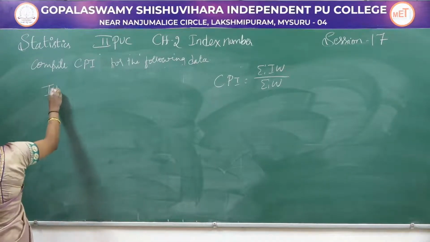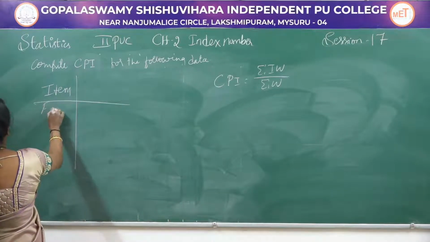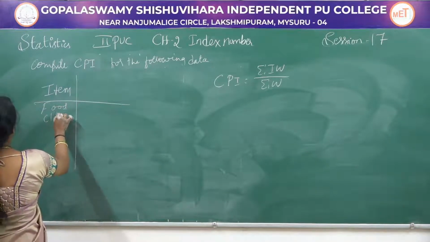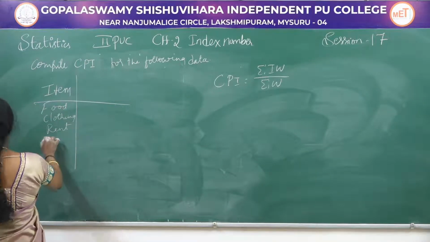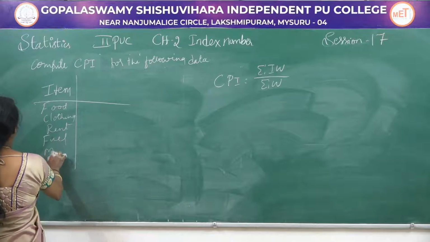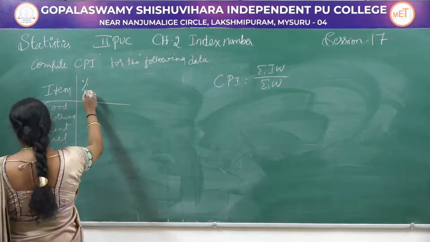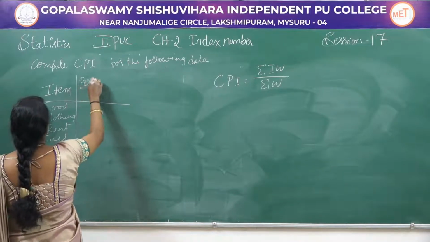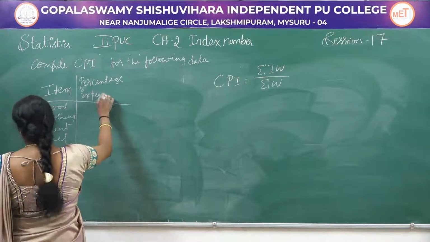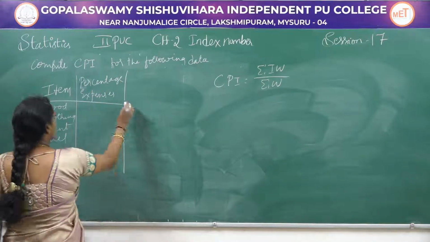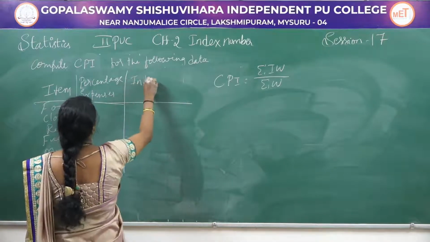Here it is items: food, clothing, rent, fuel, miscellaneous, and percentage expenses. And next is index number.